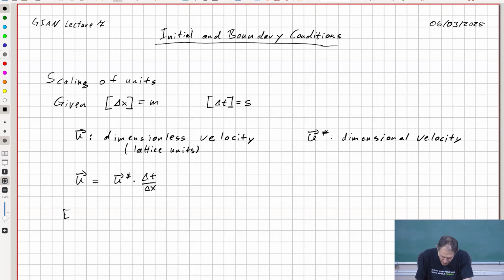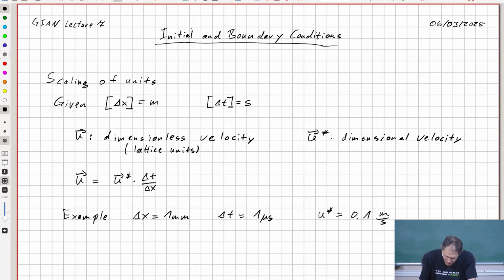So, for example, say that delta x would be 1 millimeter and delta t would be 1 microsecond. And our velocity that we have to deal with in the real world is 0.1 meters per second.